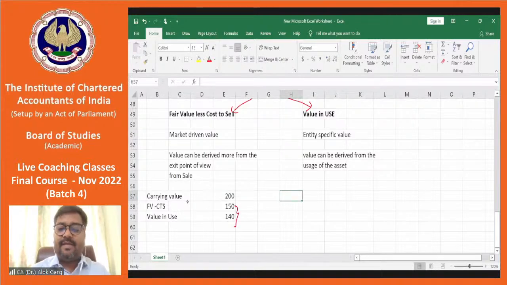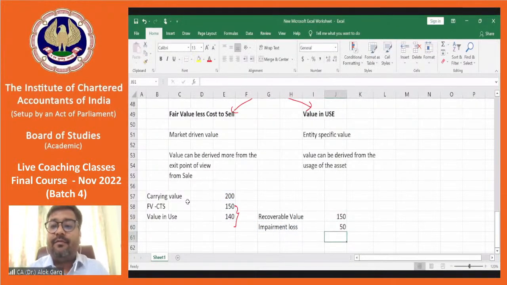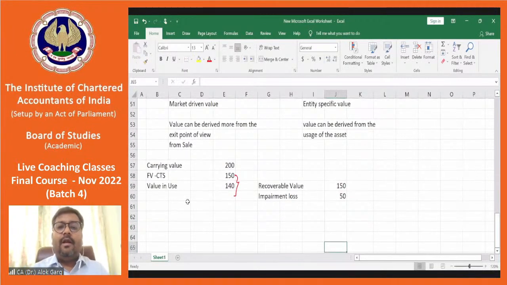My recoverable amount is the higher of these two items. So my recoverable value is the higher of fair value less cost to sell and value in use. Recoverable value is 150. And what is my impairment loss? My impairment loss is 200 minus 150, right? It is 50 rupees, right? Now tell me one thing.